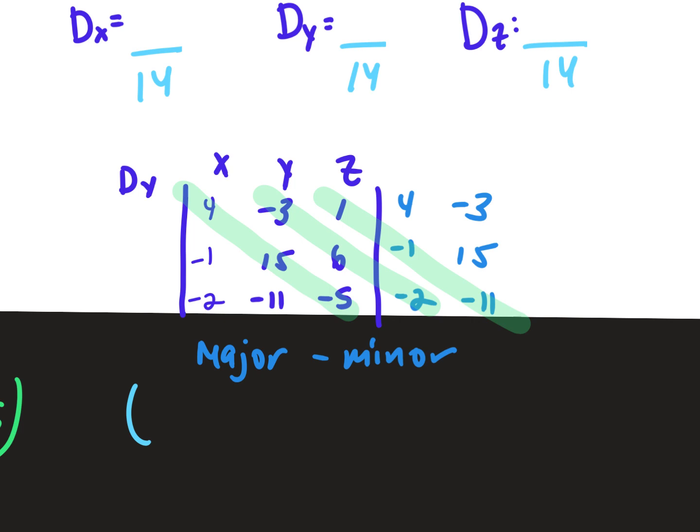Or I could say 4 times -5 is -20 times 15, which gives me -300. Plus, what is negative 3 times 6 times negative 2? 36, okay. And then what's 1 times negative 1 times negative 11? Plus 11, okay.